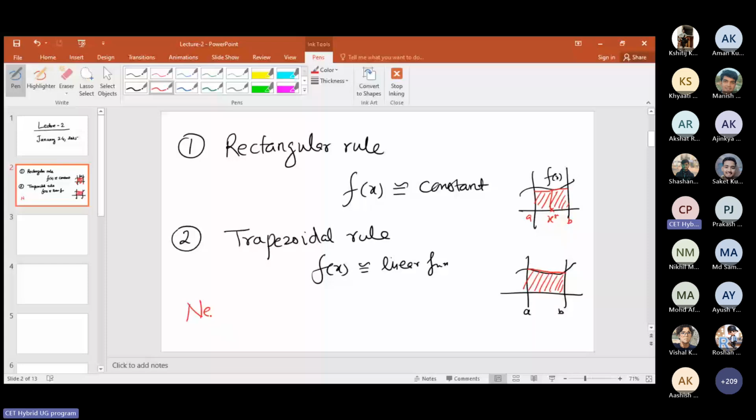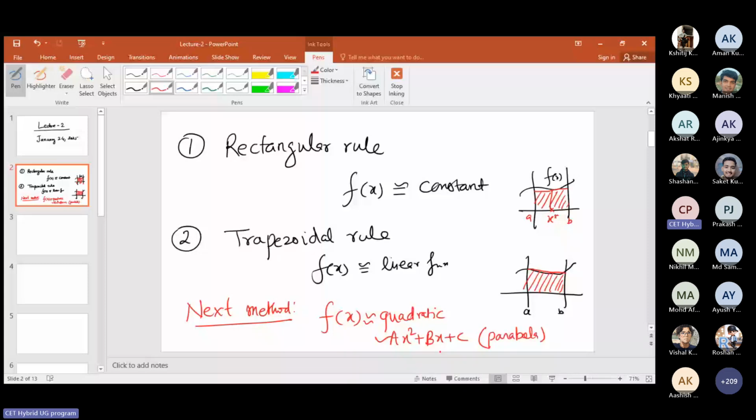So the next method, which I discussed yesterday, was our Simpson's 1/3 rule. In that, I said that I will approximate f(x) by a quadratic function. What is the general quadratic function? The general quadratic function is ax square plus bx plus c. Any quadratic relationship can be represented in general by this form, and geometrically this is nothing but a parabola.